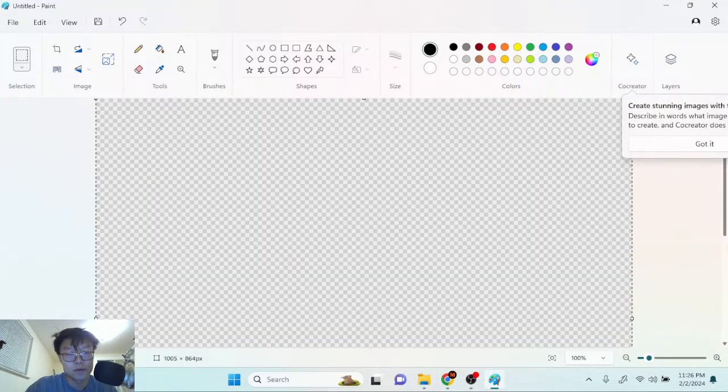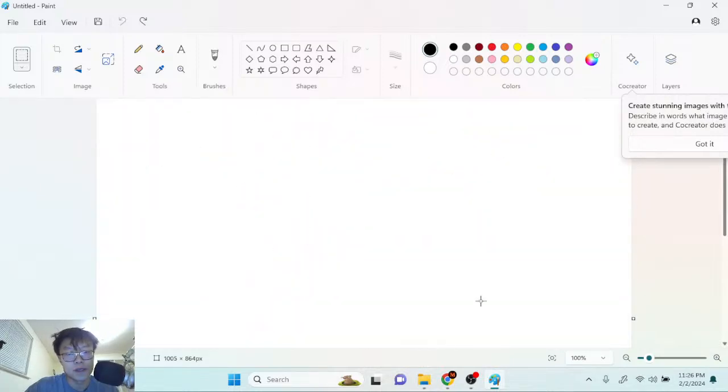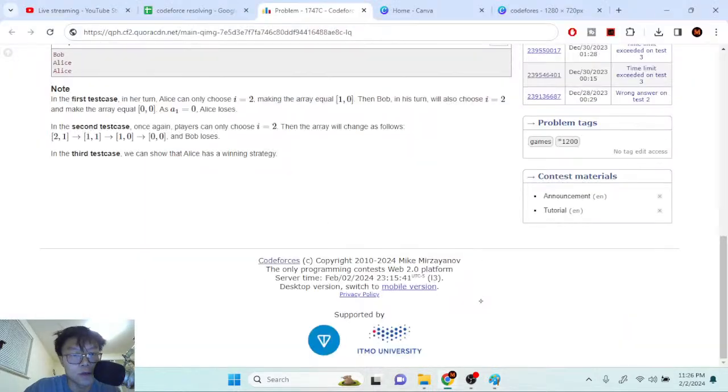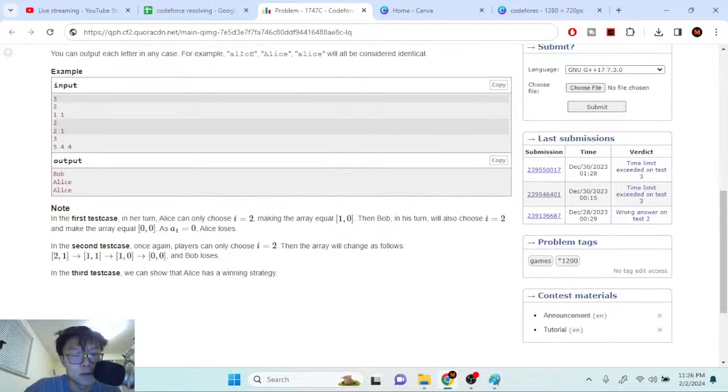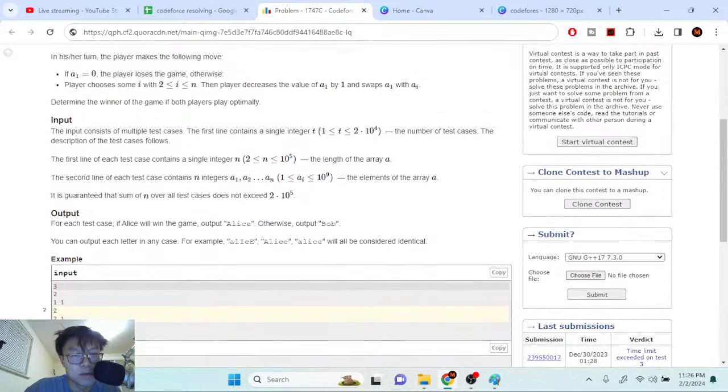Because if it's 1 1, and we decrease this by 1, we get 0, right? And then we have 1 here, and then you swap 0 with 1. Wait, hold up.